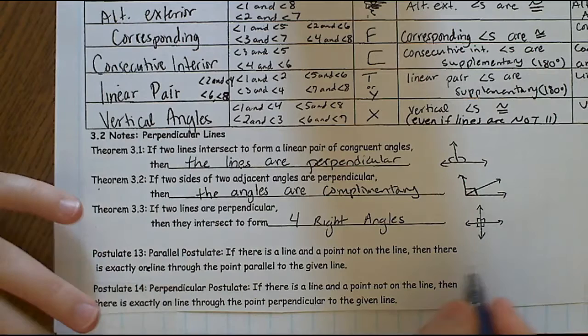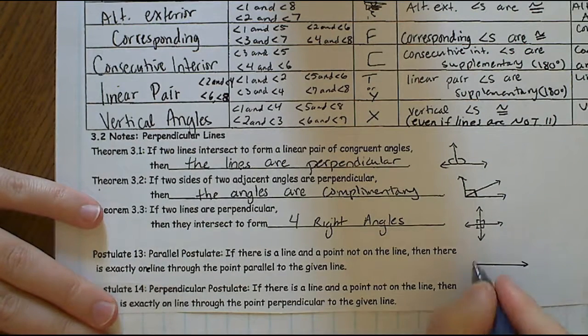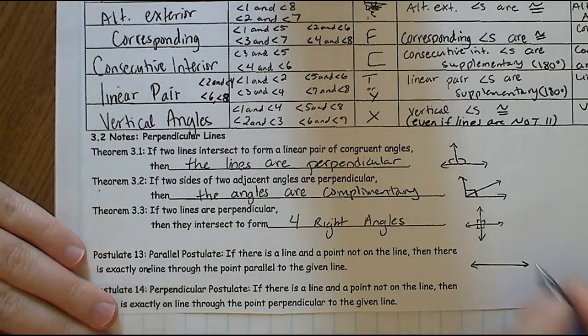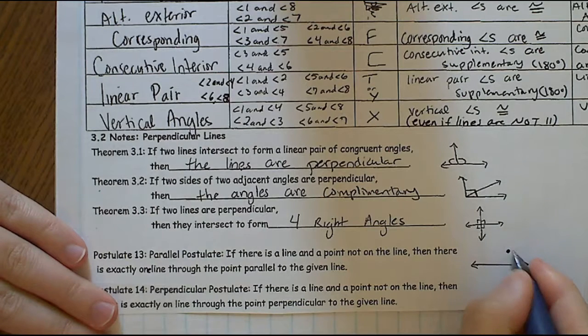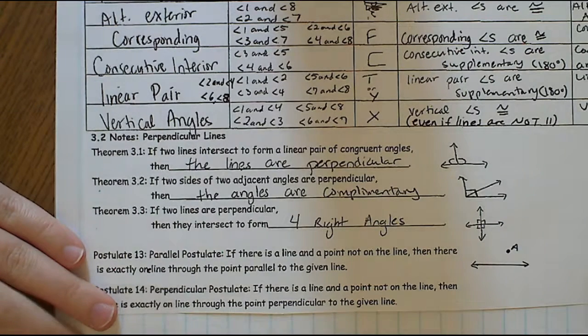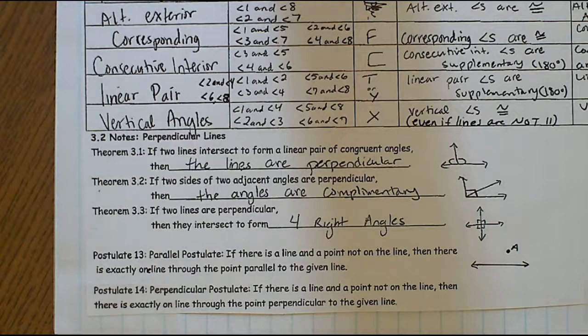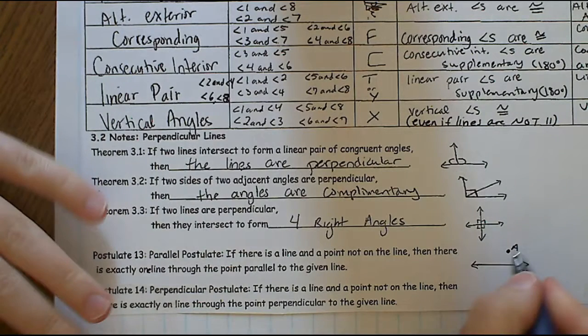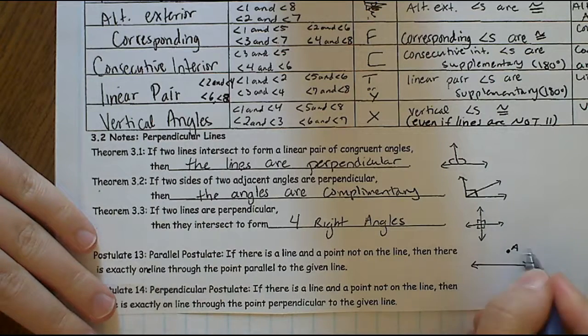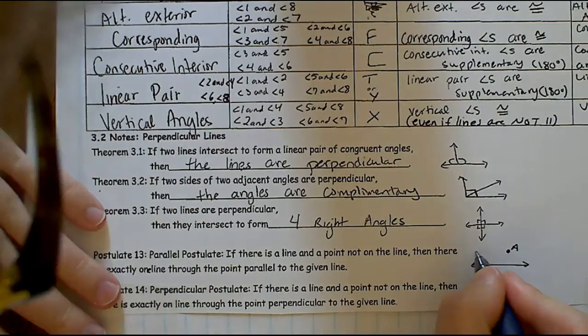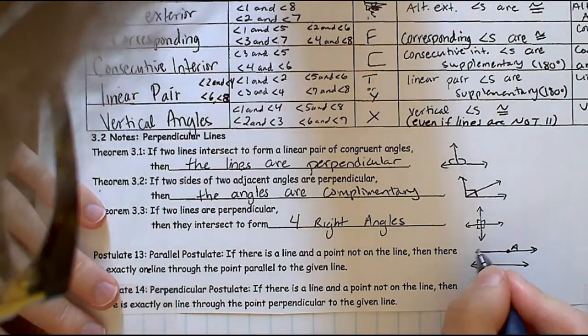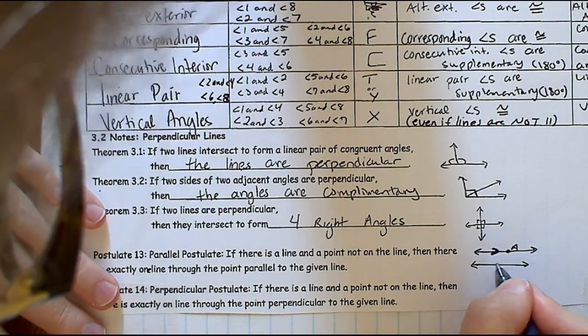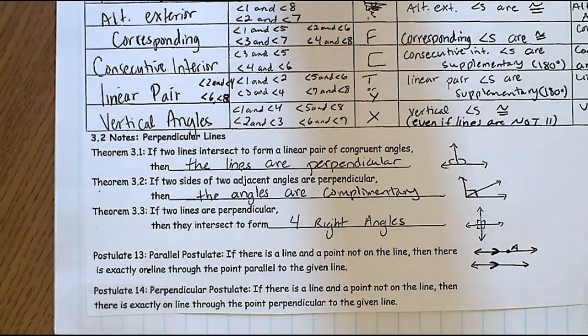To give you an example, if I have a line and a point not on the line, let's say it's over here, point A, then there is exactly one line through that point that will be parallel to the given line. No matter where I draw this line, there's only one way I can do it so that it would be parallel to this given line.